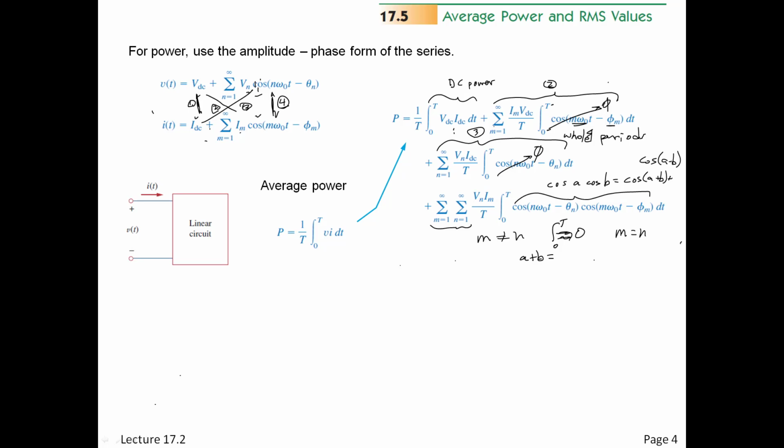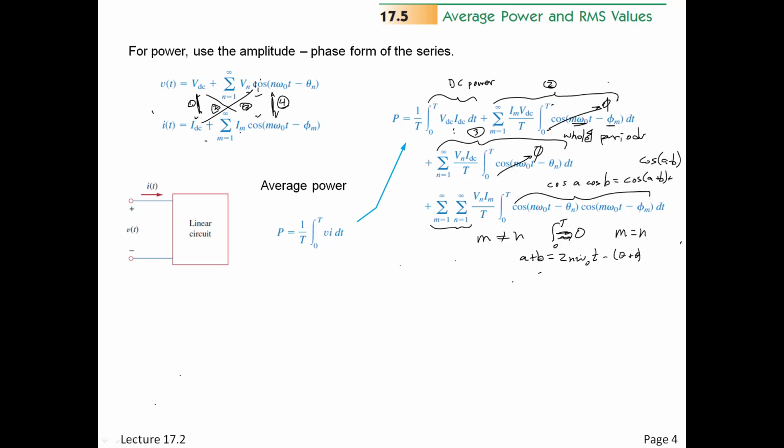So we will have 2n omega 0 t plus, actually it'd be minus theta plus theta. Okay, that'll be the key elements.